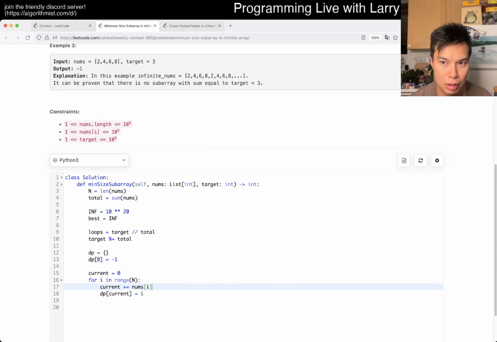Well, wait, we want target, so if current minus some previous number equals target, then current minus target. Okay. DP.